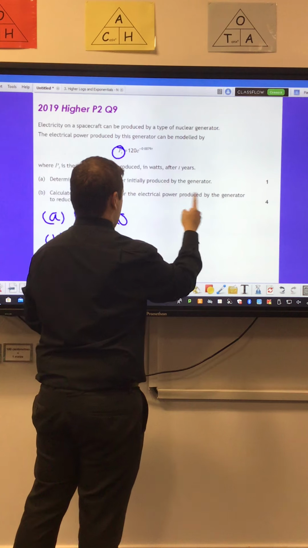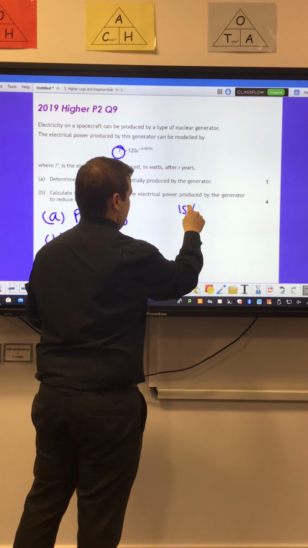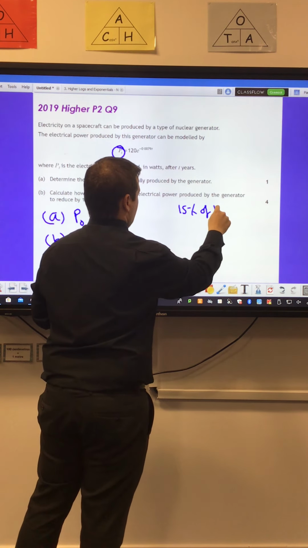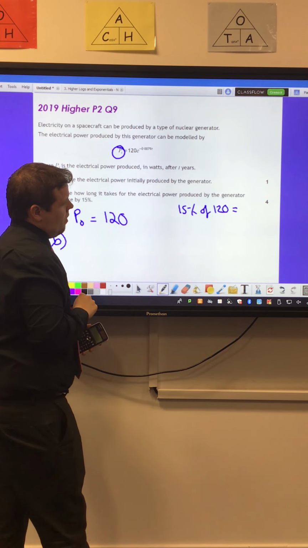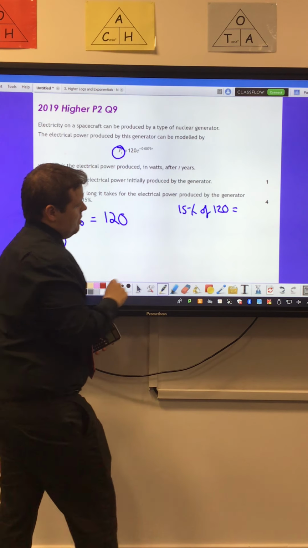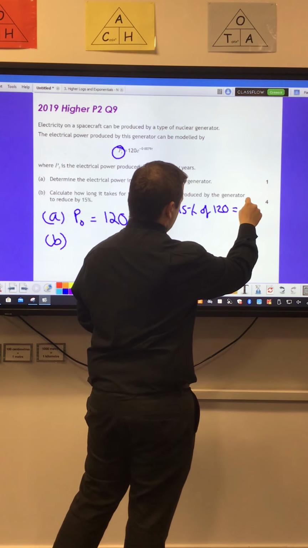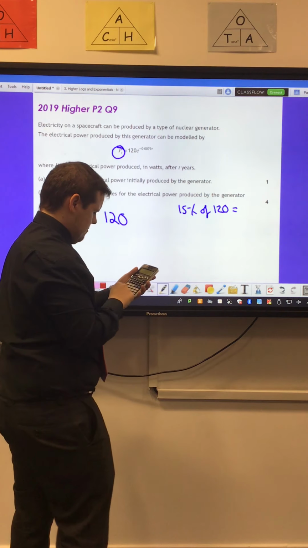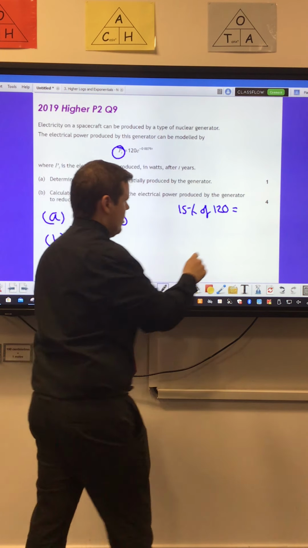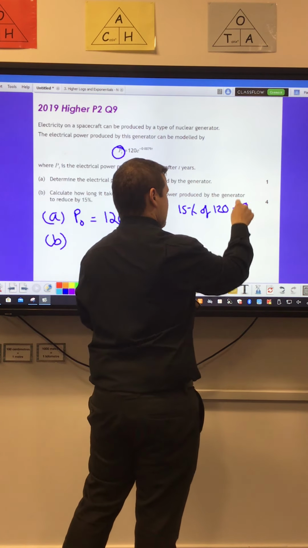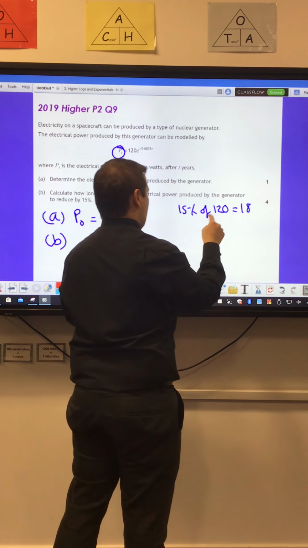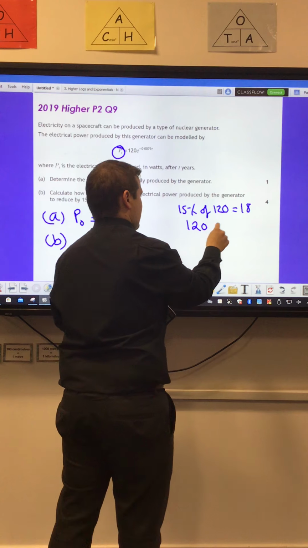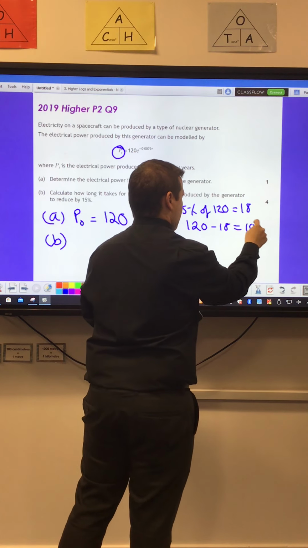We want to know what happens when it reduces by 15%. So what we're going to do, 15% of 120, what's that? 18. Yeah, 18. Oops, let me rewrite that, it's a bit messy. 18, so what's left is 120, take away 18, which is 102.